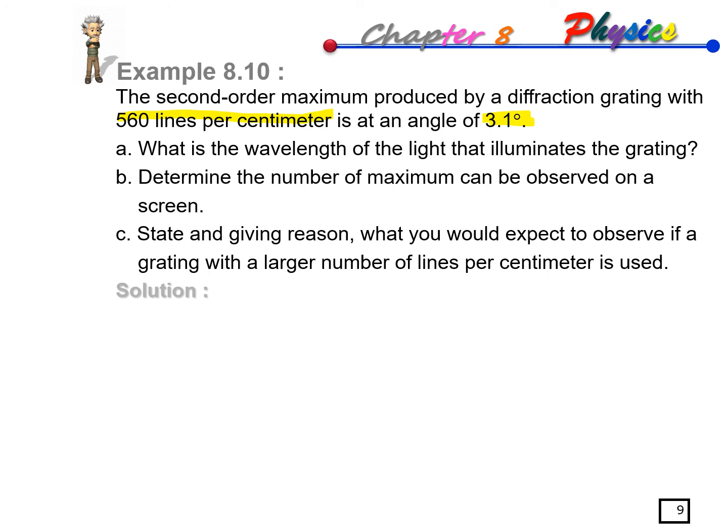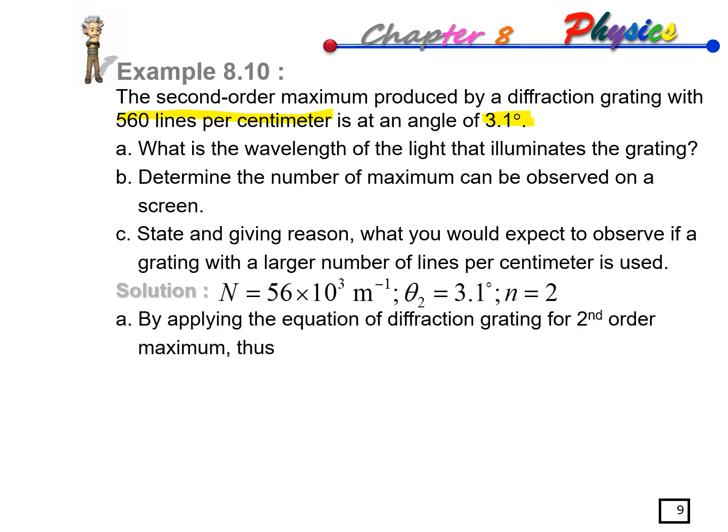Alright, so we go into problem solving A first. We already have the number of lines per centimeter, so convert into per meter to make calculation easier. Angle theta 2 for order 2, so we can replace in the given information to determine the value of lambda over here.